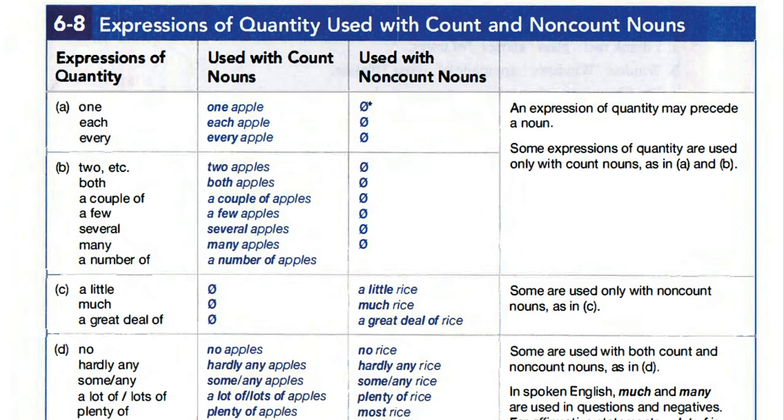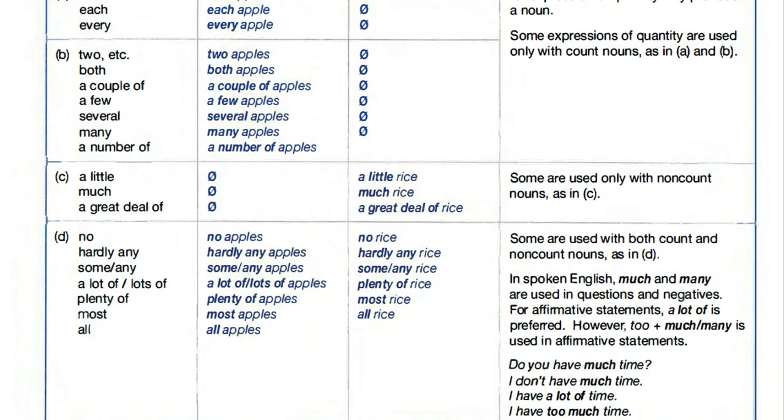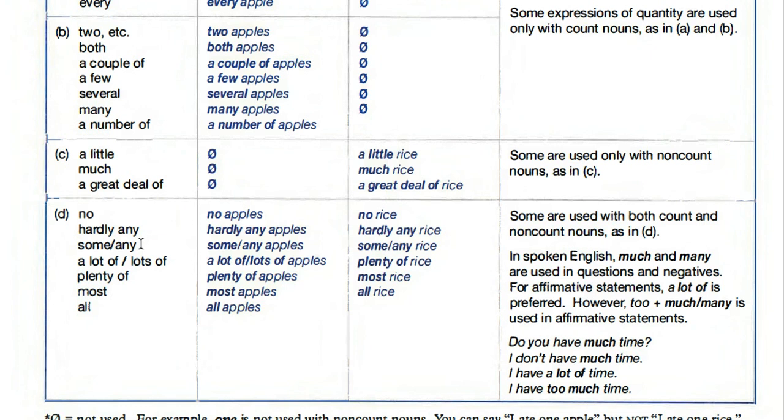D has some options. Why? Because it can be used for both. So we have expressions that can be used for countable and uncountable, like no apples, no rice, hardly any apples, hardly any rice, some and any. We have some and any apples and some and any rice, a lot of, or lots of.